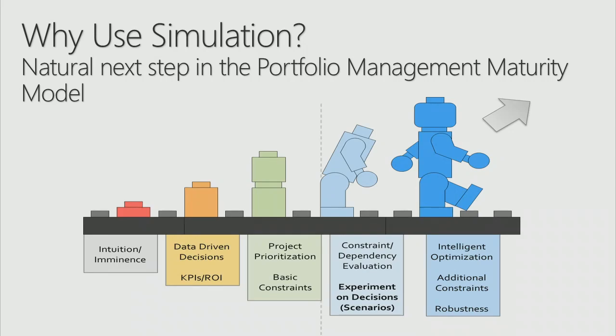Finally, if we want to go really mature, we can start doing some intelligent optimization, let a goal-seeking algorithm weigh all of our different business drivers, our competing objectives, and start suggesting courses of action for us. And then we can look at additional constraints, such as quality, compliance, even weather, and so on and so forth. And finally, we can check for robustness.